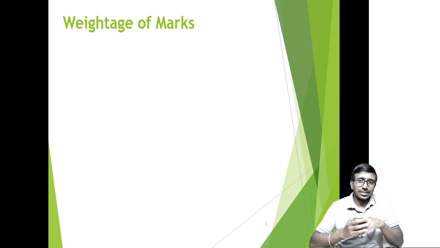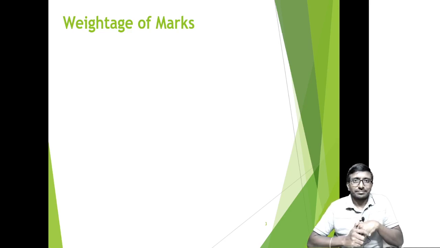And a few questions have been interlinked, like Ind AS 34, that is interim financial statements, with Ind AS 2, that is inventory valuation, and Ind AS 21, that is effects of changes in foreign exchange rates, with Ind AS 110. At the same time, Ind AS 12, that is deferred taxation, with consolidation.